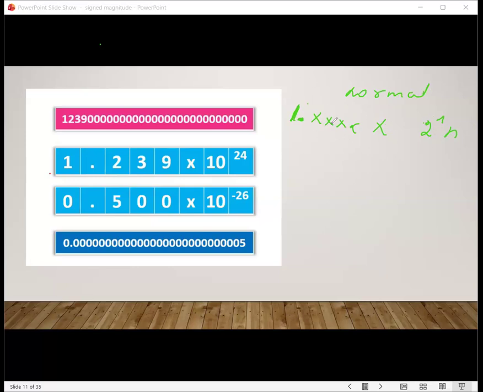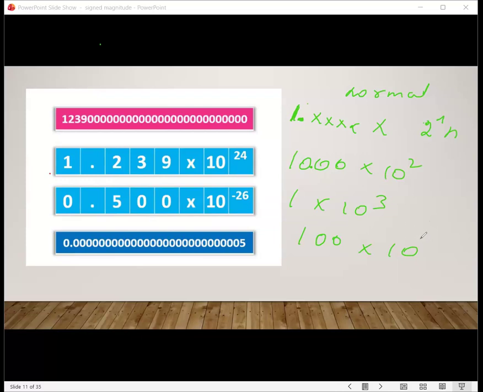So why do we have a normalized form? Because each one of us will follow our own system. Each one will write according to their interest. For example, instead of writing 1000, some will write 10 into 10 to the power of 2, or 1 into 10 to the power of 3, or 100 into 10 to the power of 1.